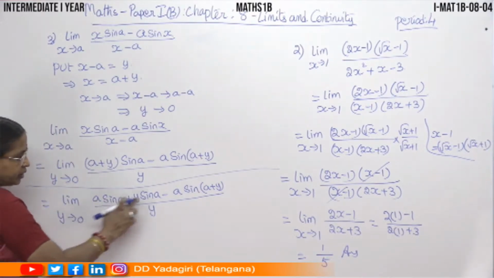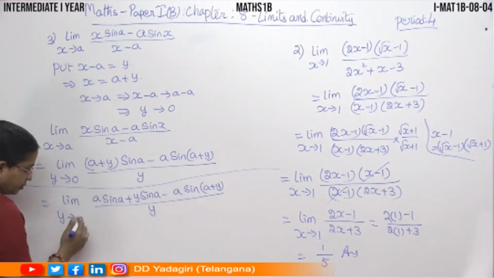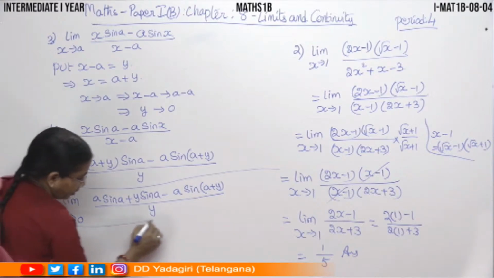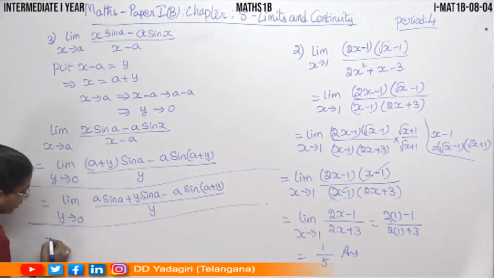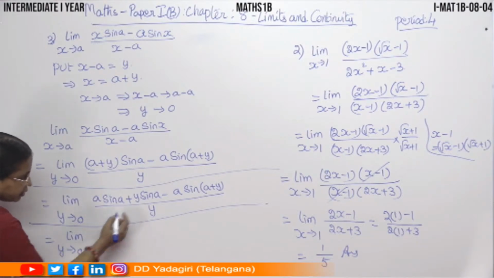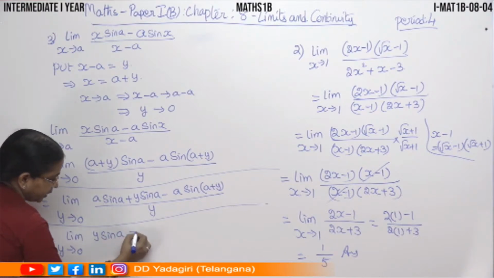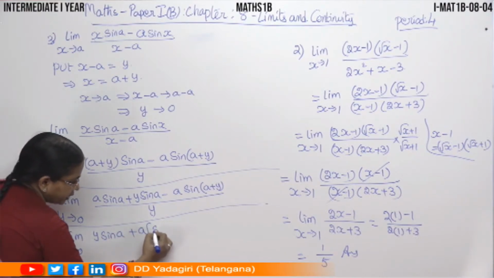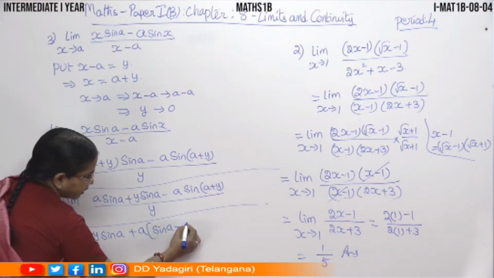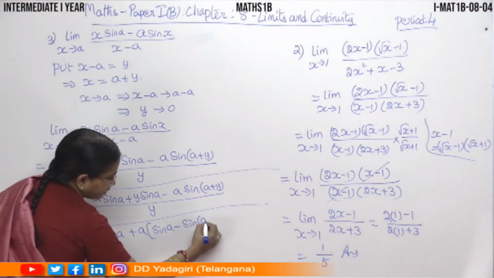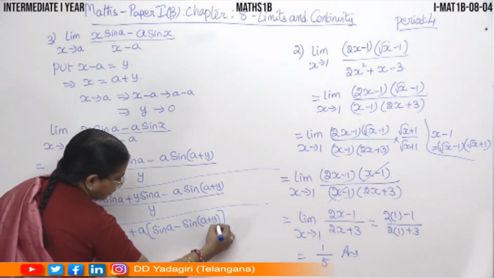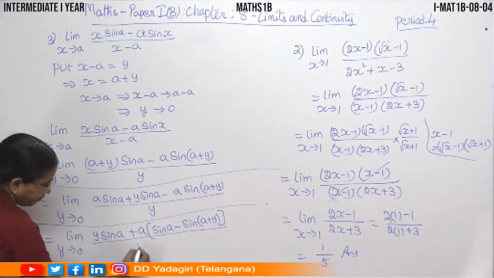Now you can see from these two you can take a common. So it is equal to limit y tending to 0 of y sin a plus a times (sin a minus sin(a plus y)), by y.